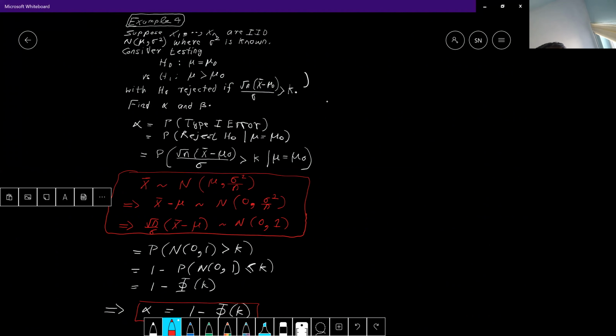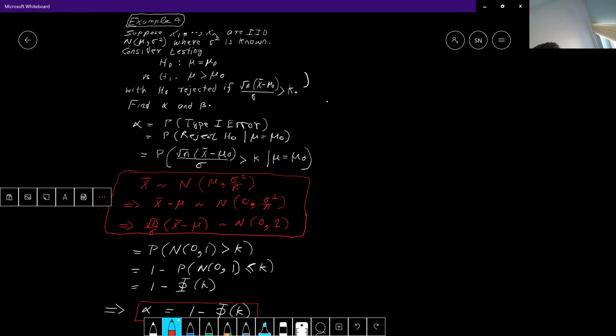This is a property that I talked about a long time ago, that if you have a random sample from a normal population, then X bar, the sample mean, has a normal distribution with parameters mu and variance sigma squared by n. So this is a fact that I stated a long time ago when I talked about the normal distribution.